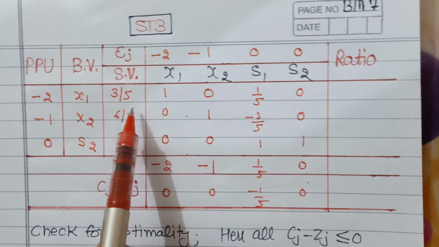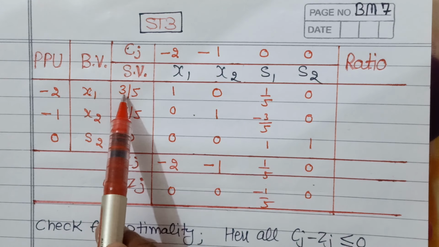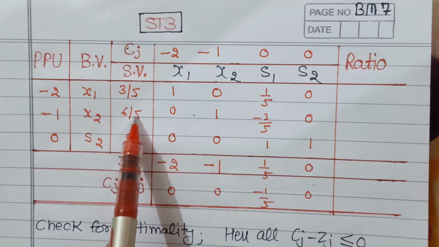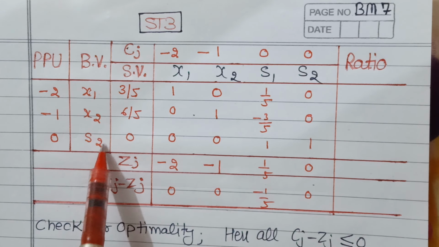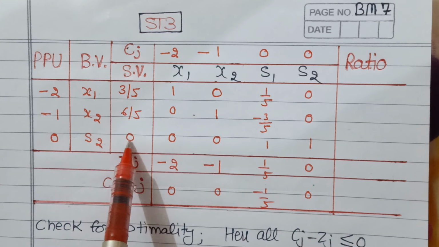Now, after having a look at simplex table 3, you will see that x1 has a solution value of 3 by 5, x2 has a value of 6 by 5, and s2 is only a man-made or artificial variable or a surplus variable, so this will not be used in the final solution.